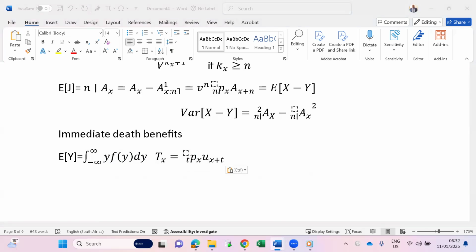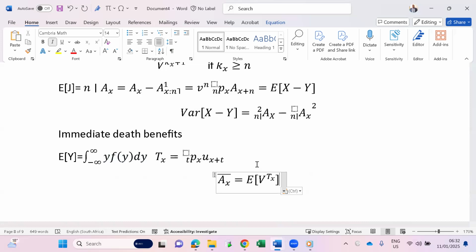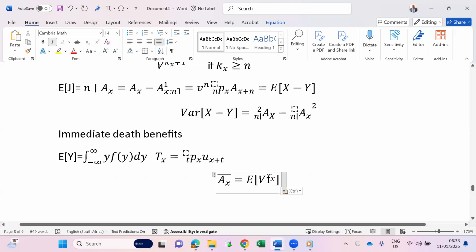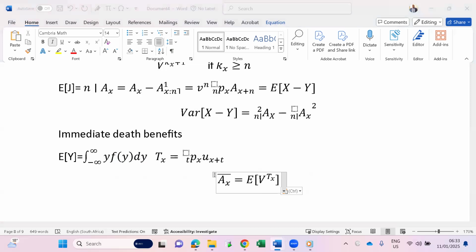So if we define a whole life benefit, right, where the benefit is payable immediately on death, so the bar is at the top, right, to signify continuity. And then you have v^{T_x}. It's no longer K_x plus one, because K_x plus one is you die now with K_x and then we pay at the end of the year. But in this case, we pay immediately, which is that T_x.